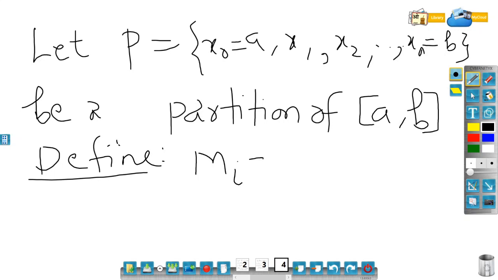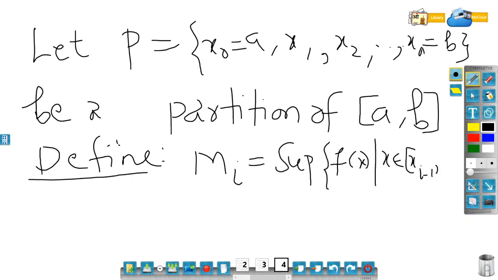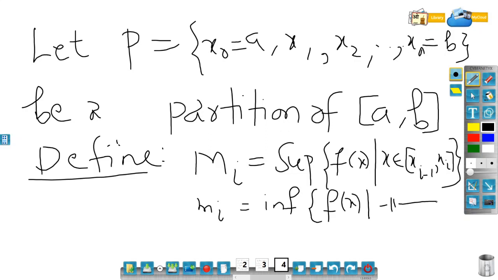capital Mi, which is equal to the supremum of f(x) such that x belongs to [xi minus 1, xi], then small mi is the infimum of f(x) such that x belongs to [xi minus 1, xi].